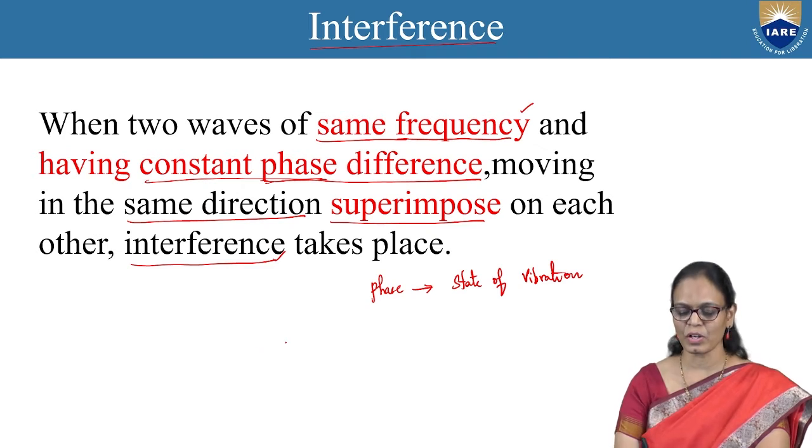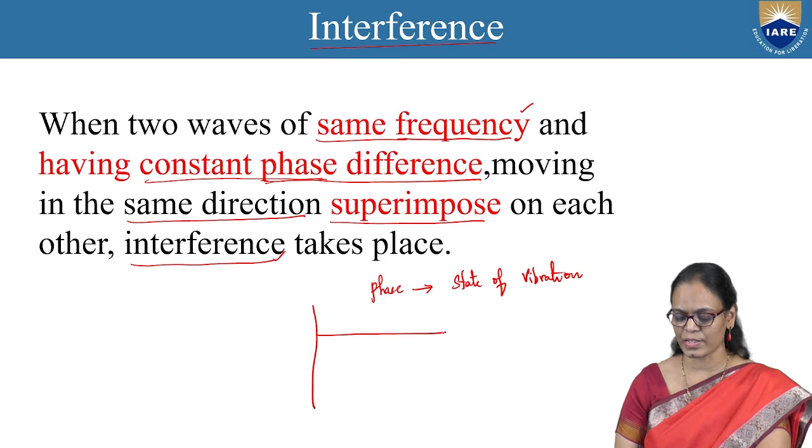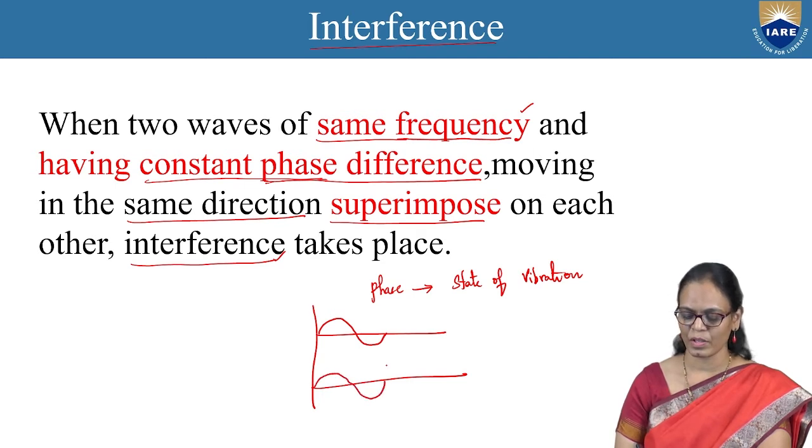Okay, so when we are talking about waves of the same frequency, I'll give you an example. This is one wave, this is also another wave. We have another wave. In this particular limit, this is one wavelength.